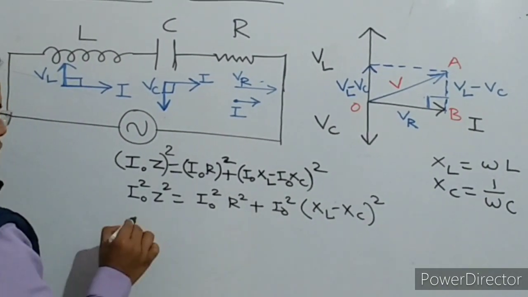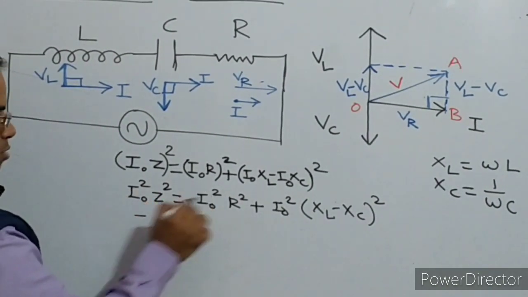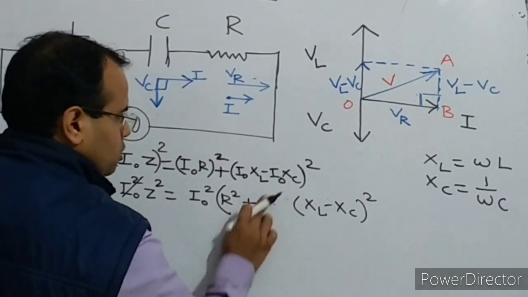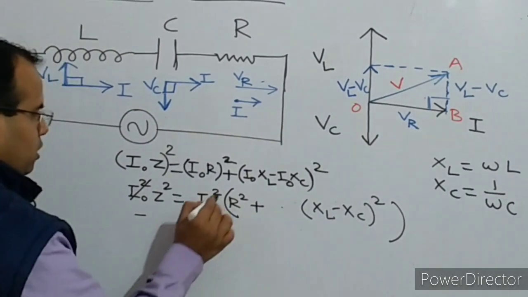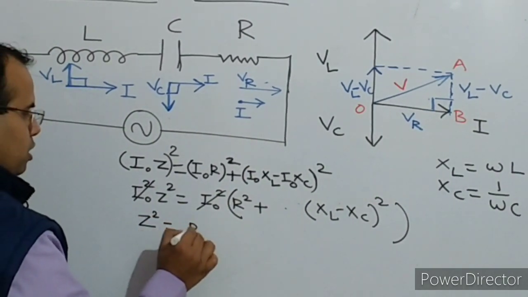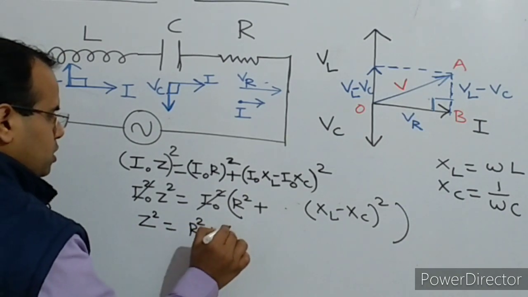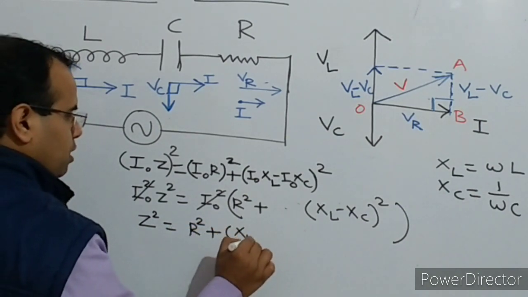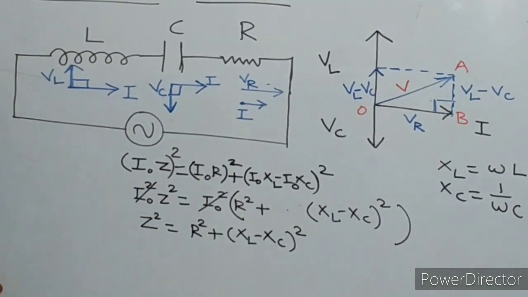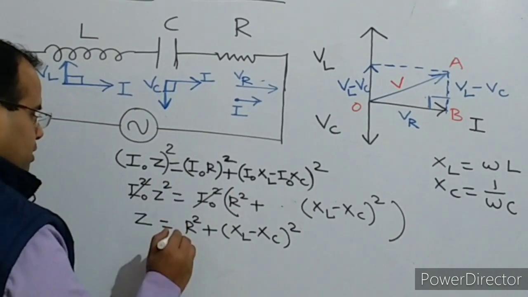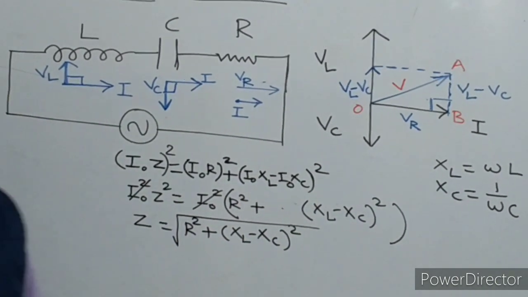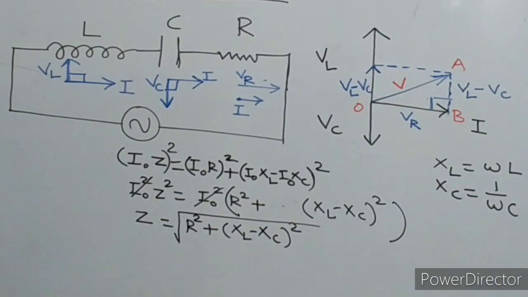Taking I naught square common and cancelling it, Z square is equal to R square plus (XL minus XC) whole square, or Z is equal to the root of R square plus (XL minus XC) whole square.